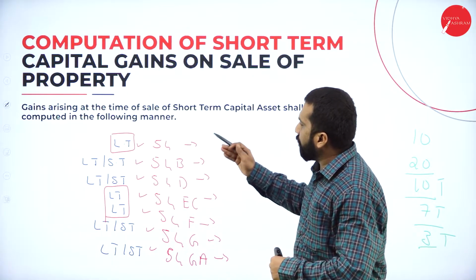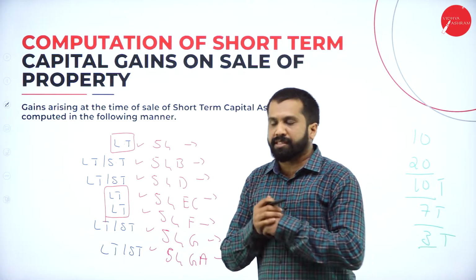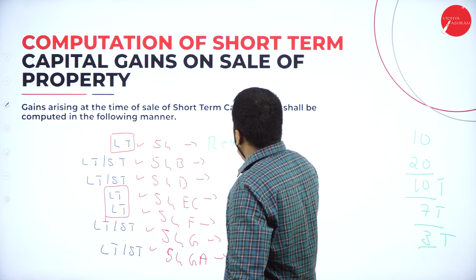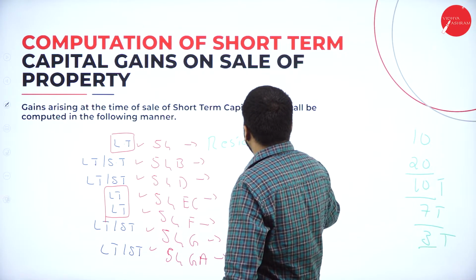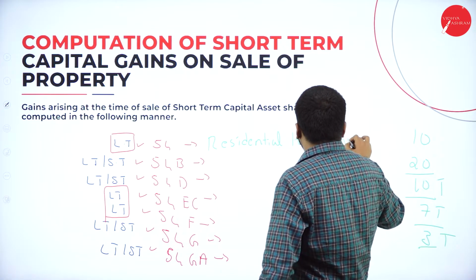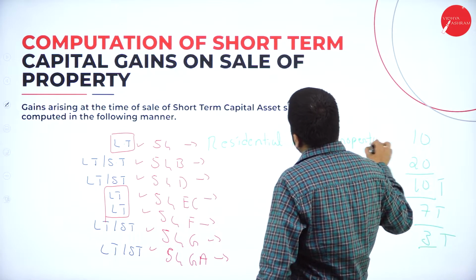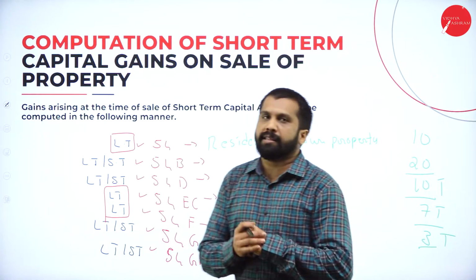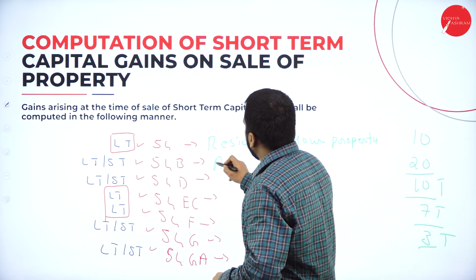Now I'll tell you what these sections are. The first one is residential house property. 54 is for what? Residential house property. The second one is agriculture.